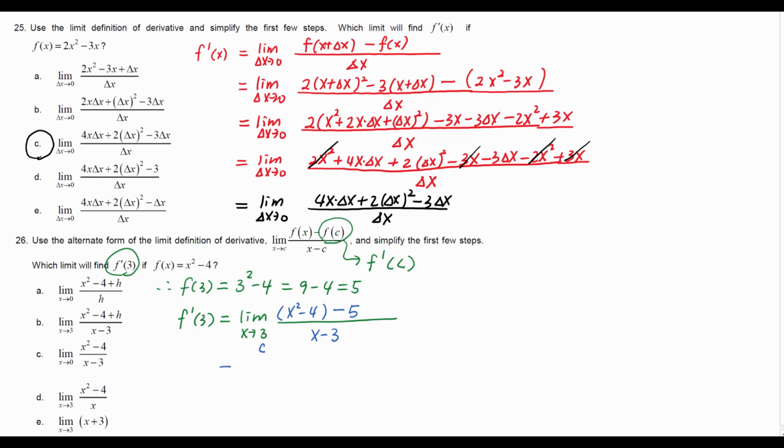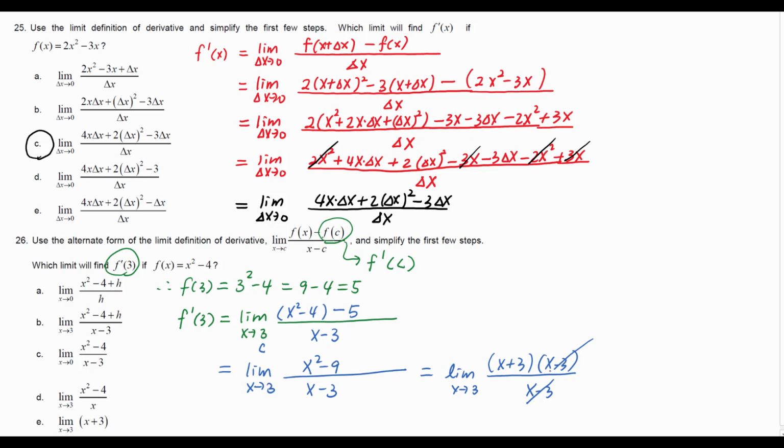Then that is equal to limit as x approaches 3 of x squared minus 9 over x minus 3, which is equal to limit as x approaches 3 of x squared minus 9 factors as x plus 3 times x minus 3 over x minus 3.